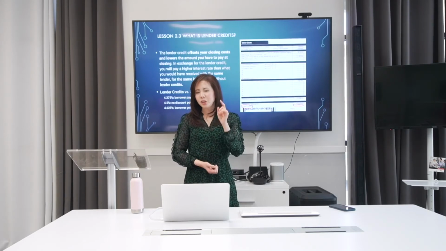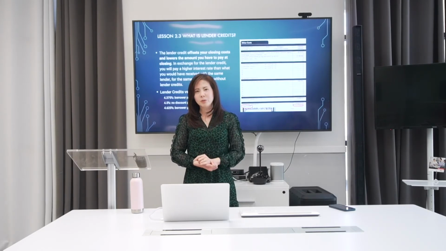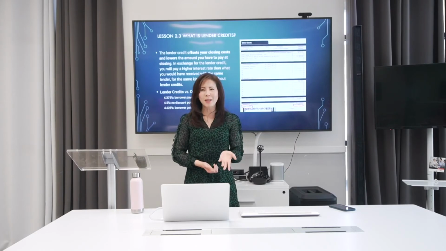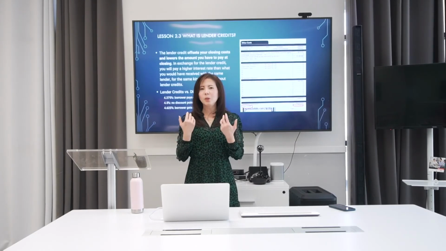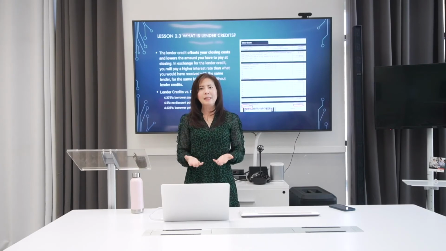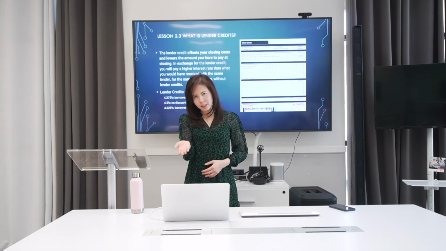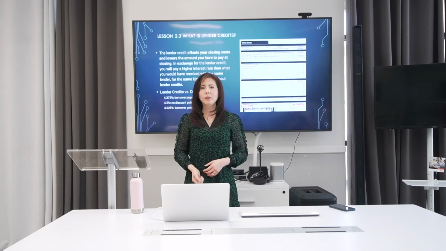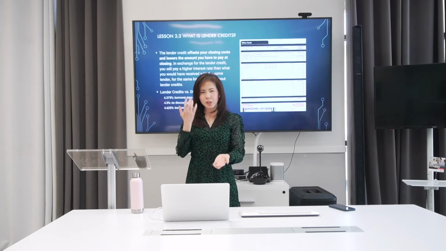Whenever she chooses to get a lower interest rate and pay for discount points, there are no lender credits. Lender credits and discount points, you won't see them together in one disclosure. In one closing disclosure, you either see the discount point showing, or you see the lender credit showing. You don't see both in one closing disclosure.